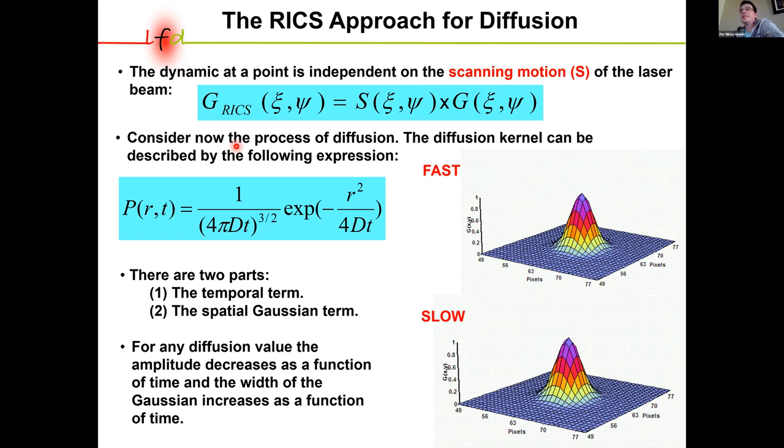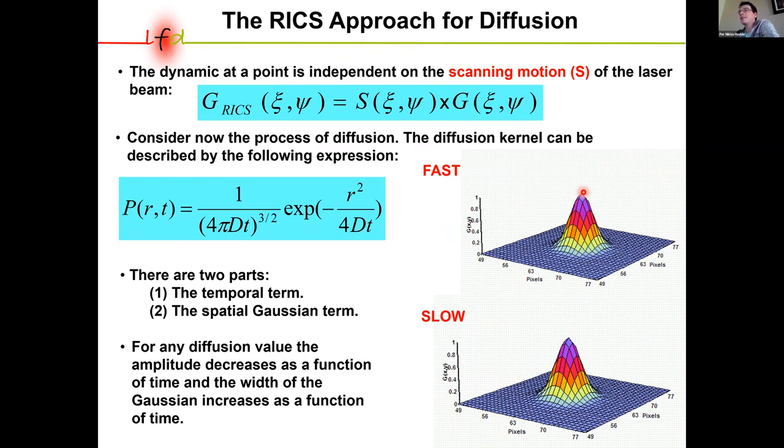So anyway, for free diffusion, the probability to find a molecule can be described by this formula here, which essentially is exponential decay. So what this function here is representing in the 2 dimension is the probability to find a molecule at a certain location.